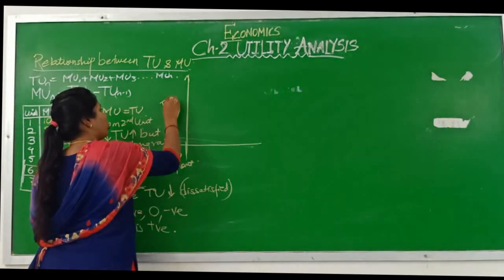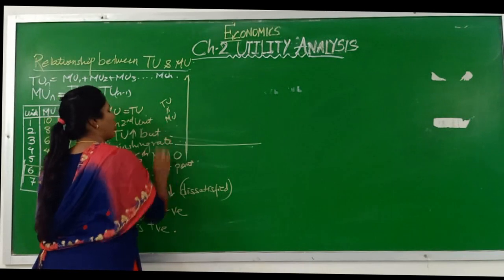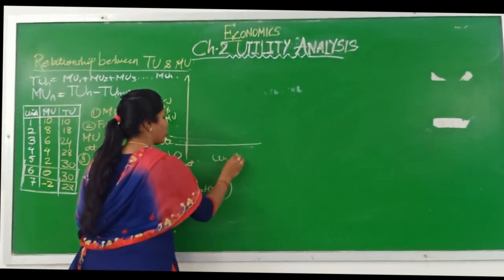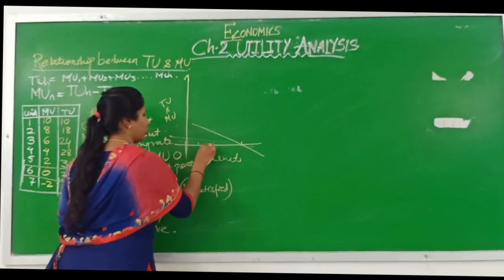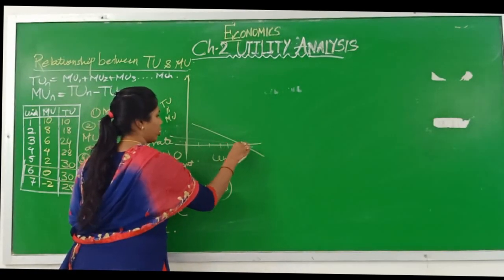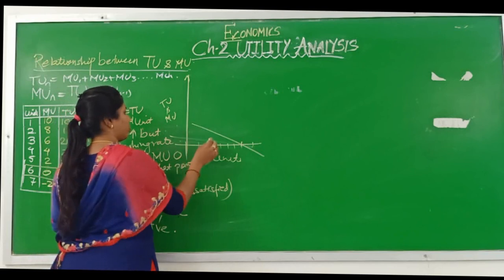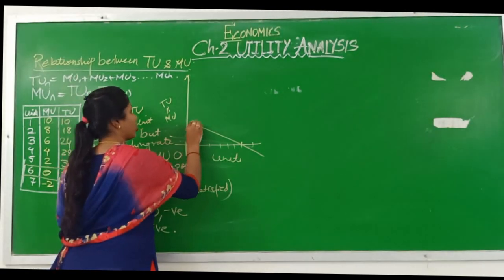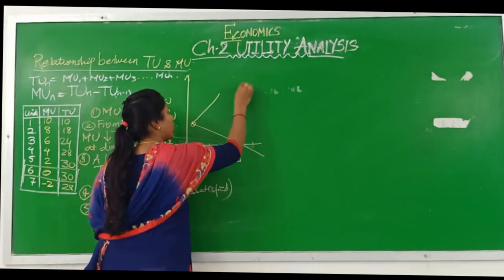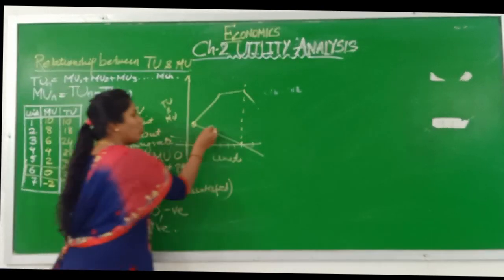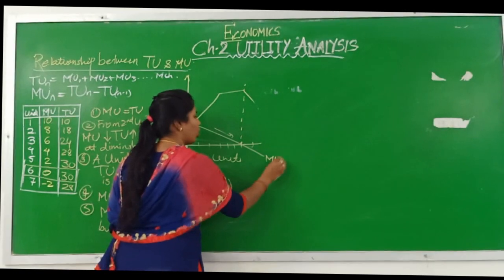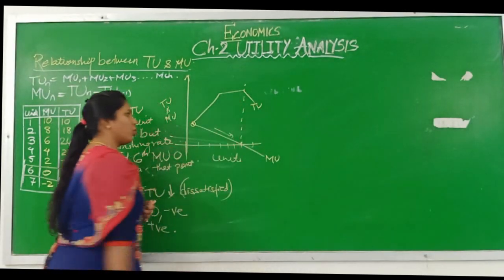On the y-axis, TU and MU would be plotted, on the x-axis units of commodity consumed. Your graph would be somewhat this way. Downward slope is MU and upward slope is TU.